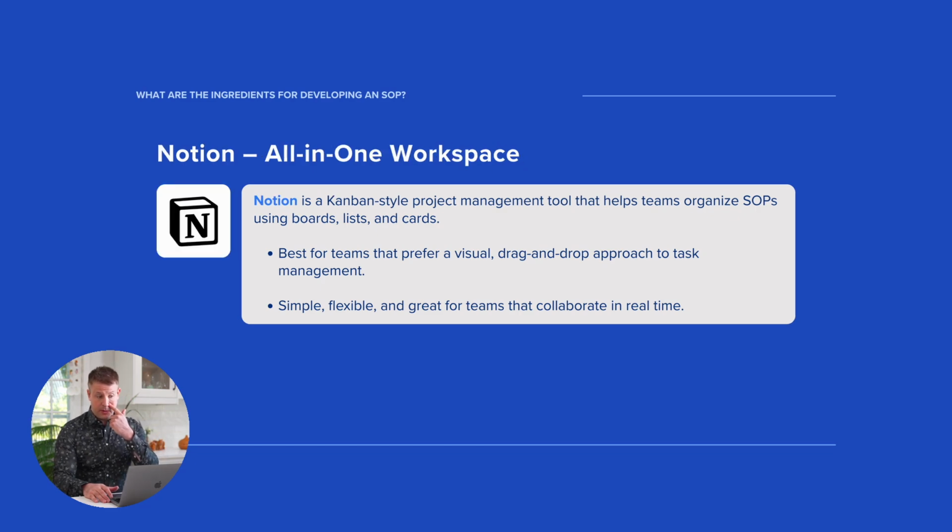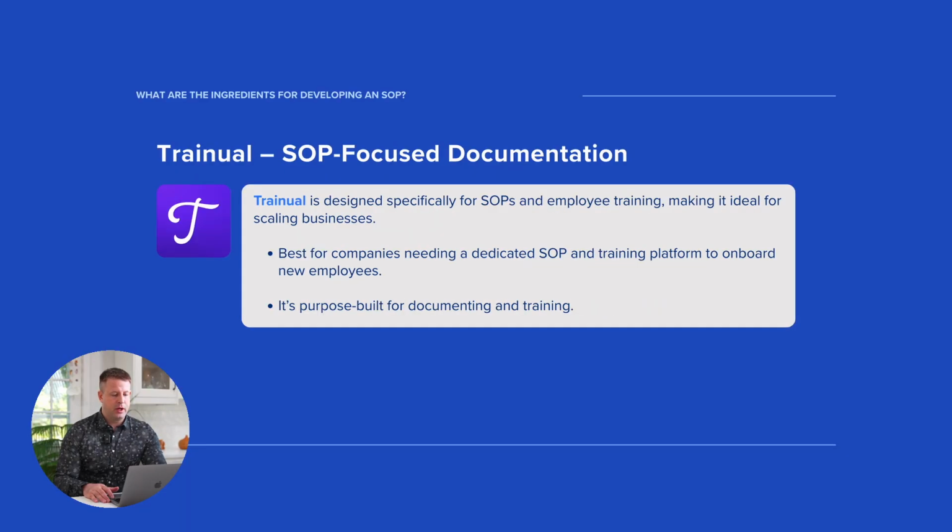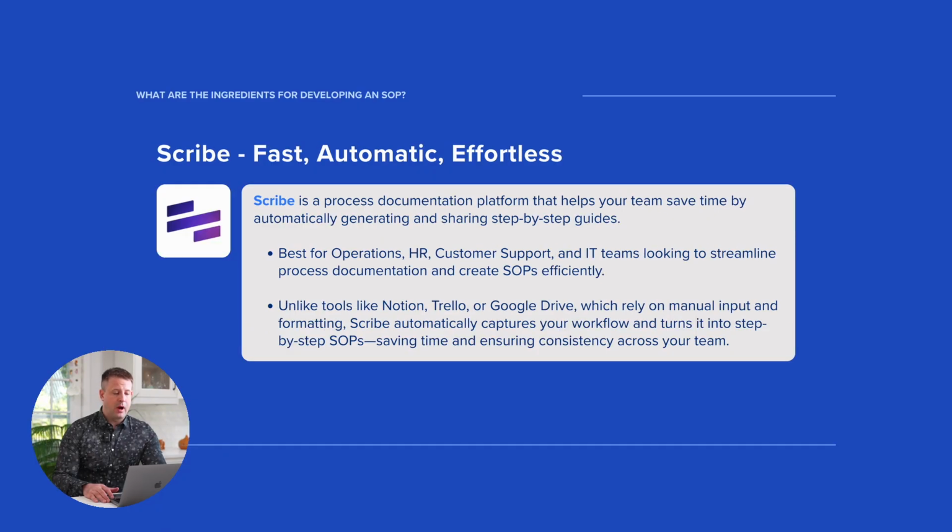Notion, all-in-one workspace, best for teams that prefer a visual drag and drop approach to task management. Trainual, it's designed specifically for SOPs and employee training, making it ideal for scaling businesses. Trainual is one of my top picks for sure. And Scribe. So Scribe's amazing.